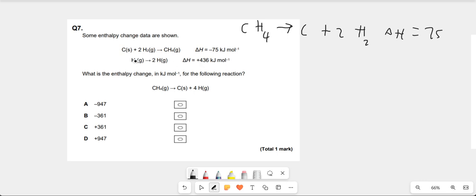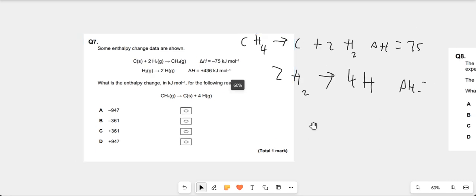Now I need to go from H2 to 2H, but how many H2s do I have? I've got 2H2, so I need to times this bottom equation by 2. So I'll get 2H2 goes to 4H. Easy. And then the delta H for that would be 2 times what it was before. So it was 436 before, so it'll be 2 times 436.